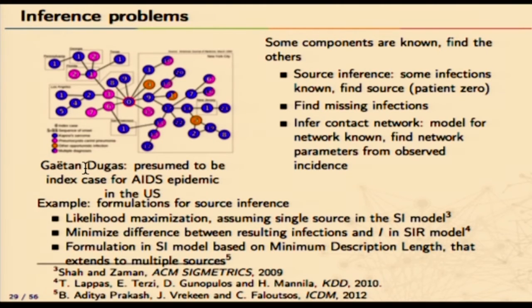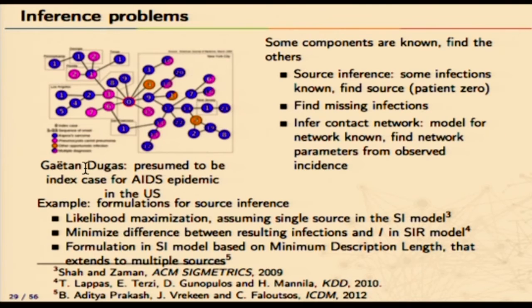People were interested in figuring out how it spread into the US. There was some person who transmitted it, and they did sequencing of all of the infections, and they blamed this guy. He was a flight attendant, and he's numbered 0. I read recently that it was not him. I think it's not fully resolved. So that's the source inference problem.